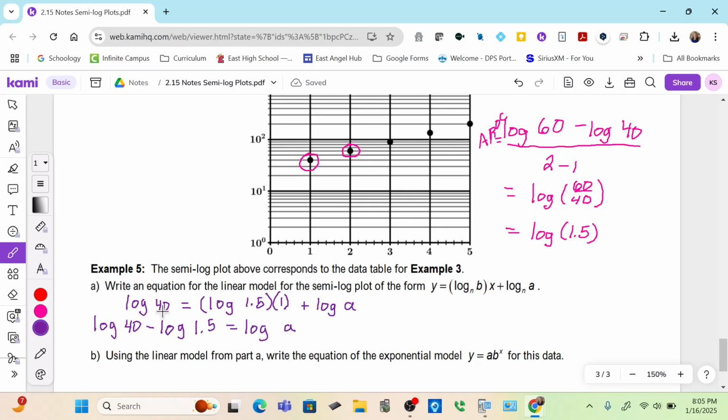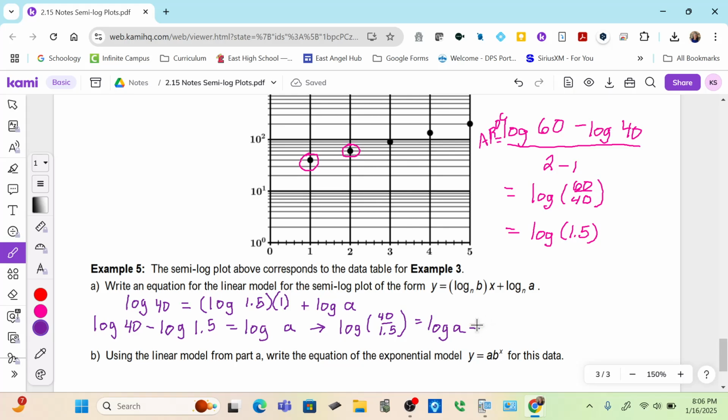Now again, I have two logarithmic expressions with a difference, common base. So we can write this as log of 40 over 1.5 equals log of a. We can also take 40 and divide it by 1.5 because it isn't best practice to leave a decimal within a fraction.